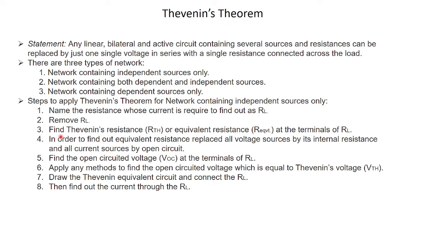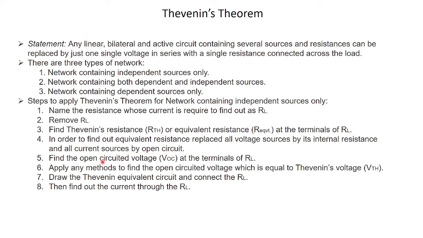Then we will find the Thevenin resistance or equivalent resistance at the terminal of the RL. In order to find the equivalent resistance, all the voltage sources will be replaced by their internal resistance and all the current sources by open circuit.